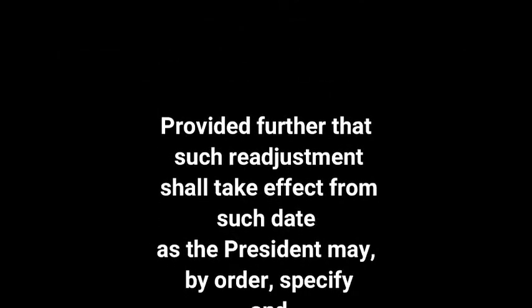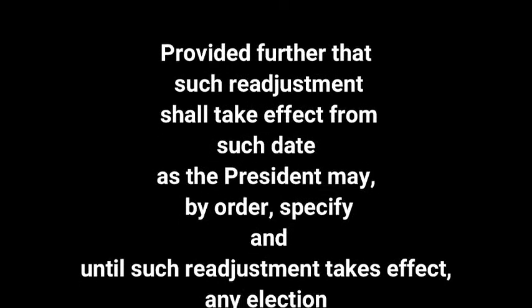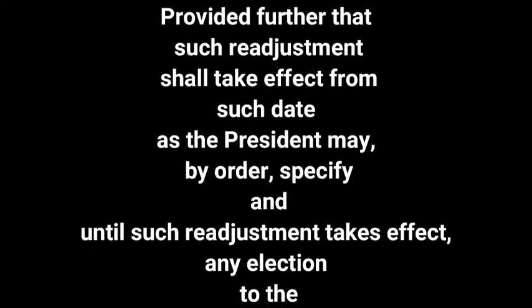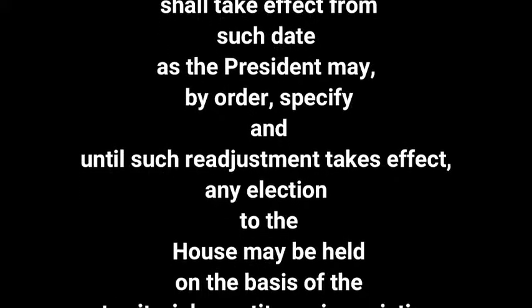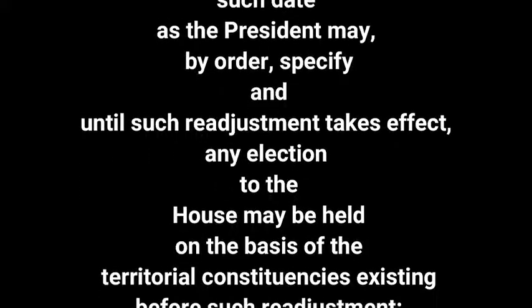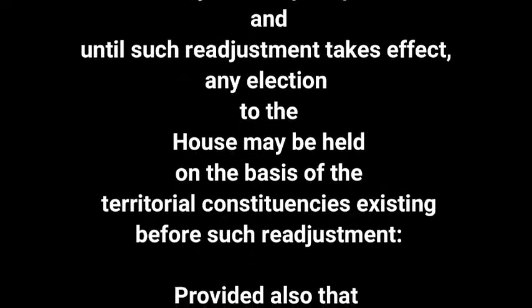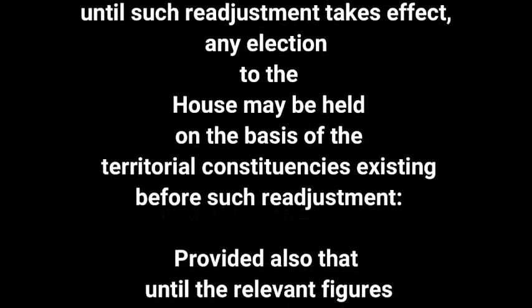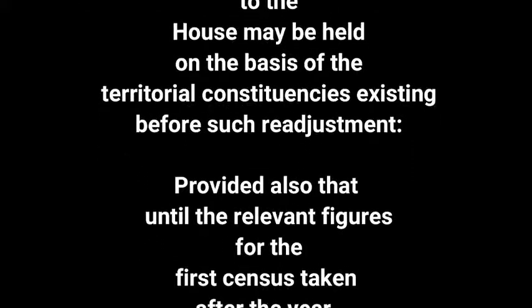Provided further that such readjustment shall take effect from such date as the President may, by order, specify. And until such readjustment takes effect, any election to the House may be held on the basis of the territorial constituencies existing before such readjustment.